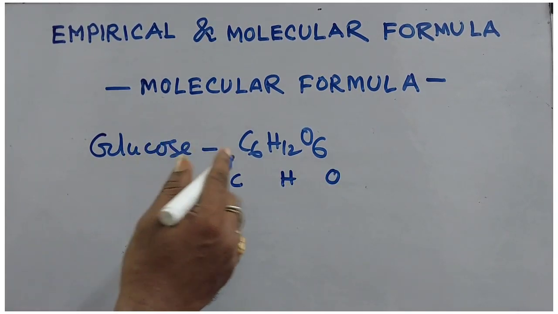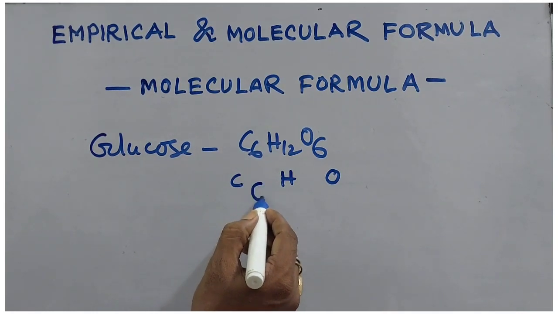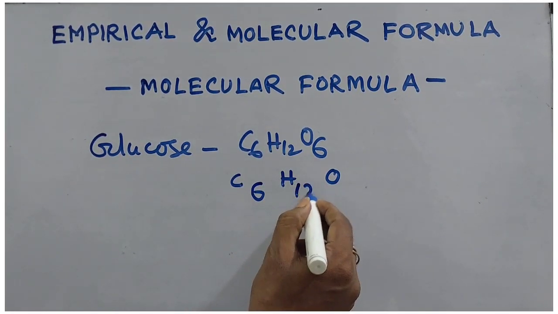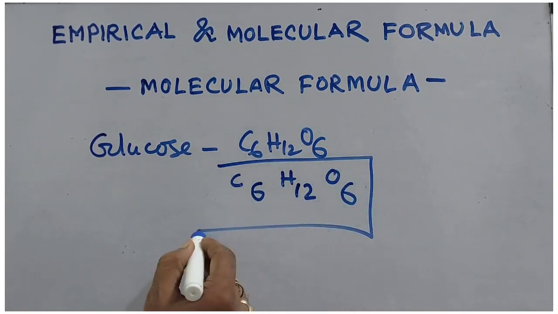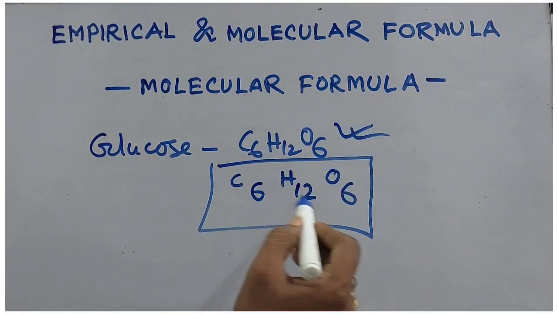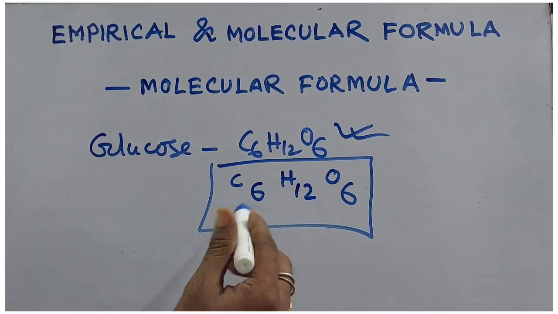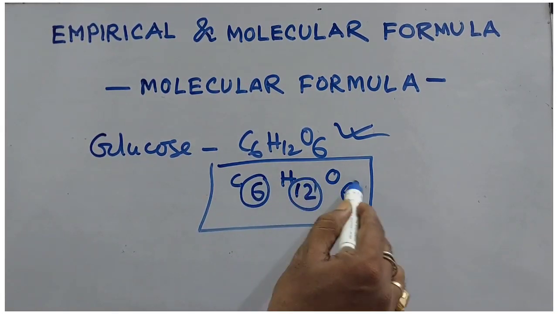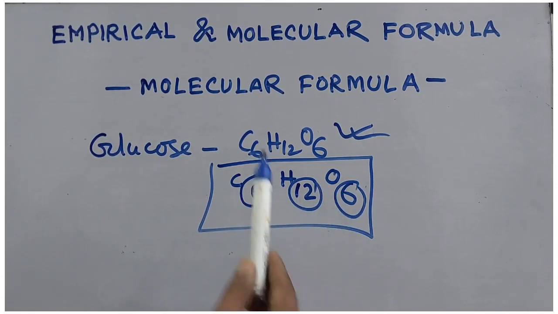And in one molecule of glucose there are 6 carbon atoms, 12 hydrogen atoms and 6 oxygen atoms. That is, the actual number of carbon, hydrogen and oxygen in a glucose molecule is 6, 12 and 6. And with the help of 6, 12 and 6, we can write the molecular formula of glucose. That is the molecular formula.